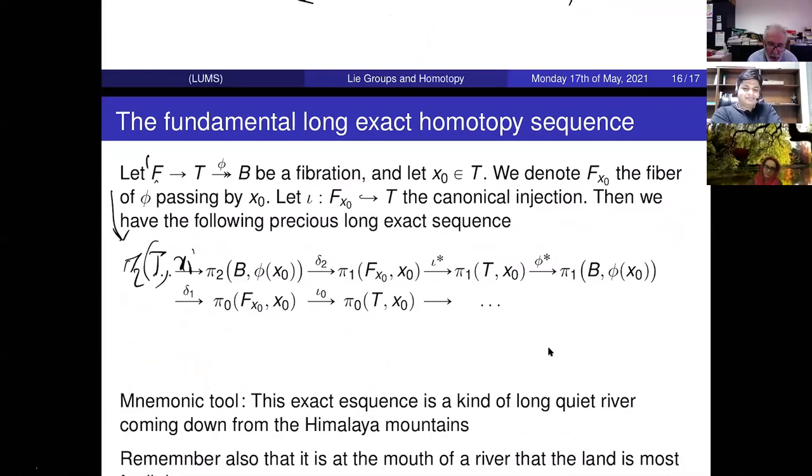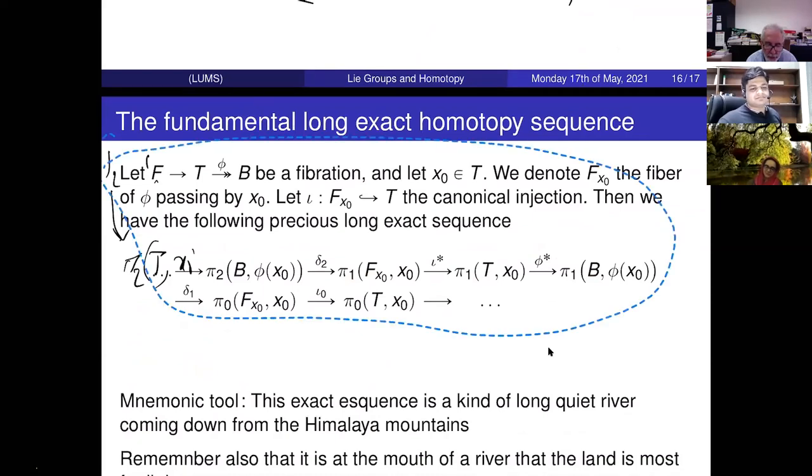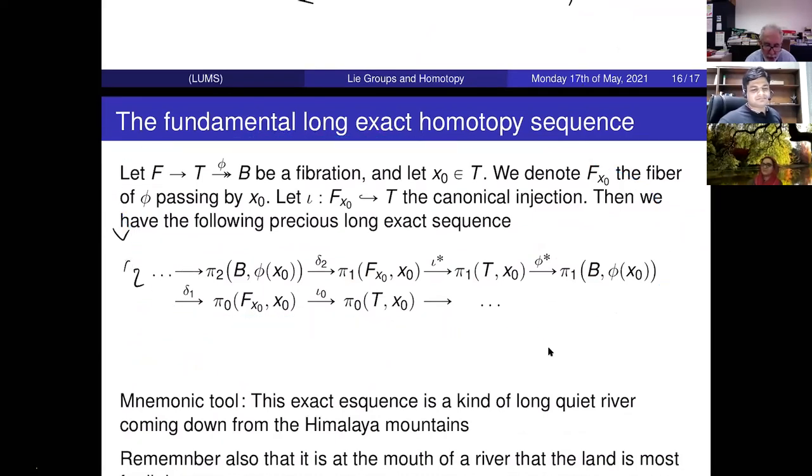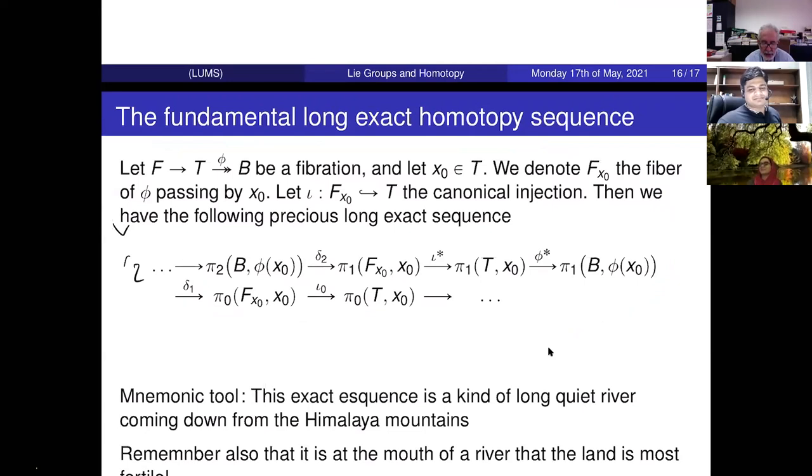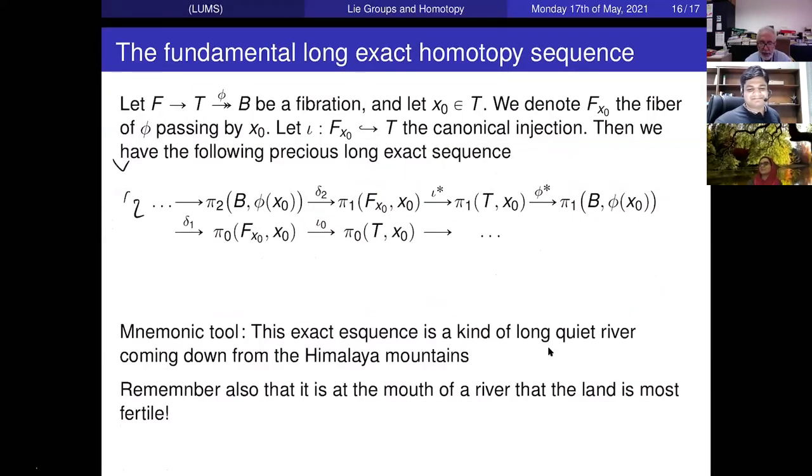So it's a long exact sequence, and if you want to remember this, keep in mind a mnemonic tool: it's like a river. It goes from up to down, 2 bigger than 1 bigger than 0.